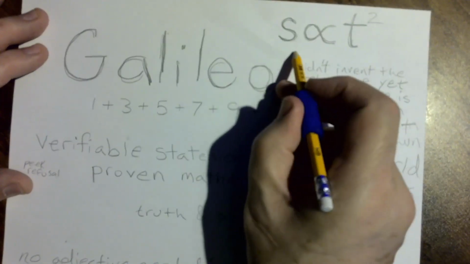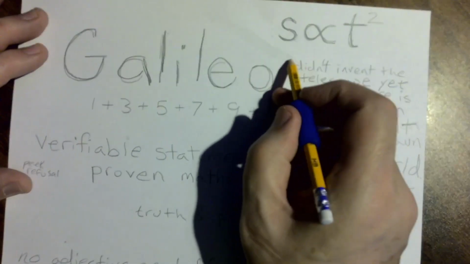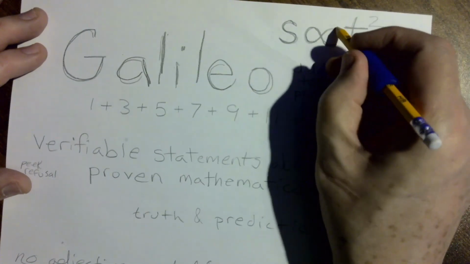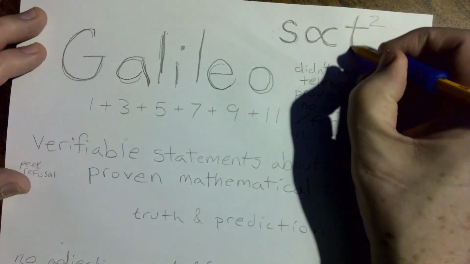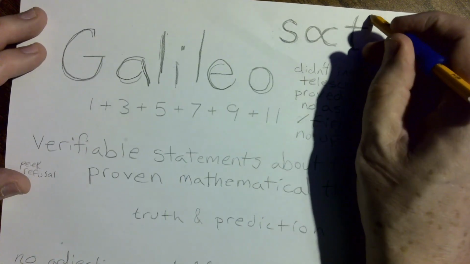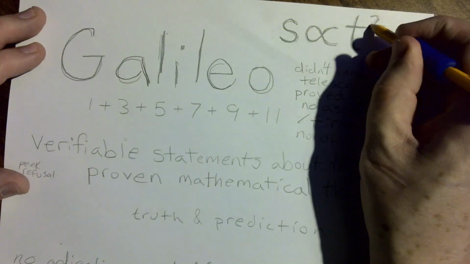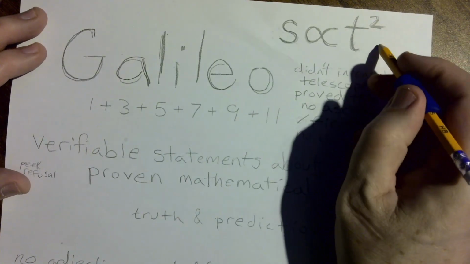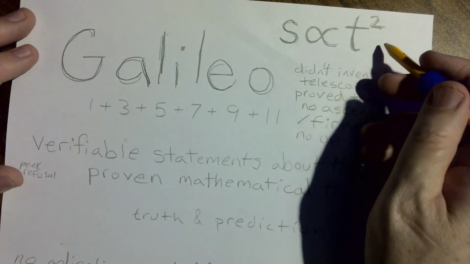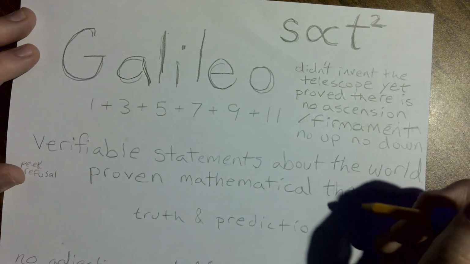The distance that something travels in free fall is proportional to the time that it has spent falling, squared.